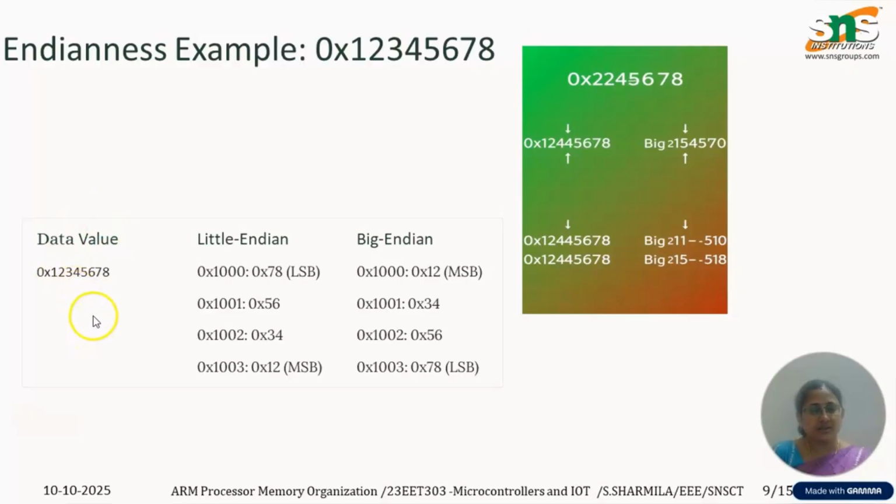At the next address, little endian stores 56 and big endian stores 34. And finally, big endian stores 78 and little endian stores 0x12. This is why understanding endianness is vital for data communication and interpretation.